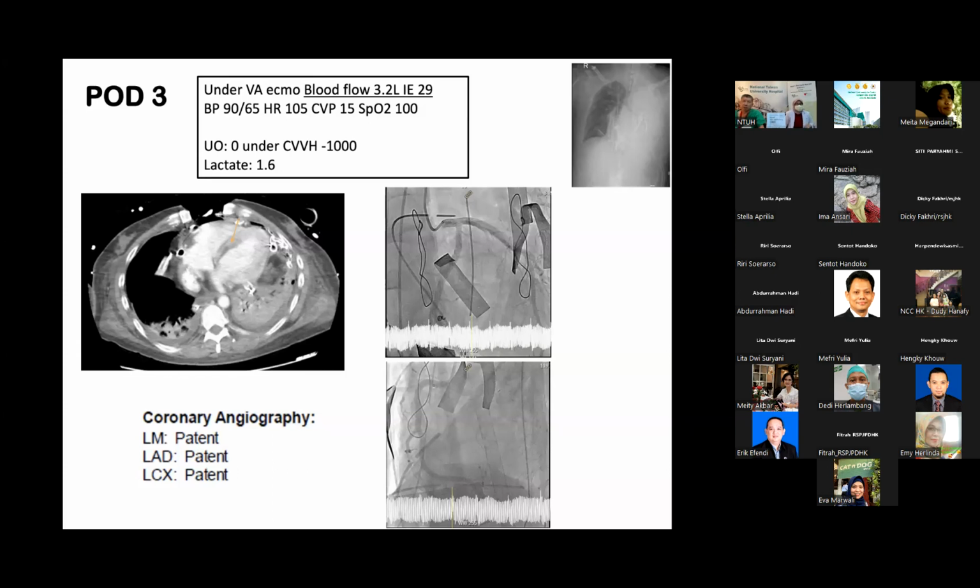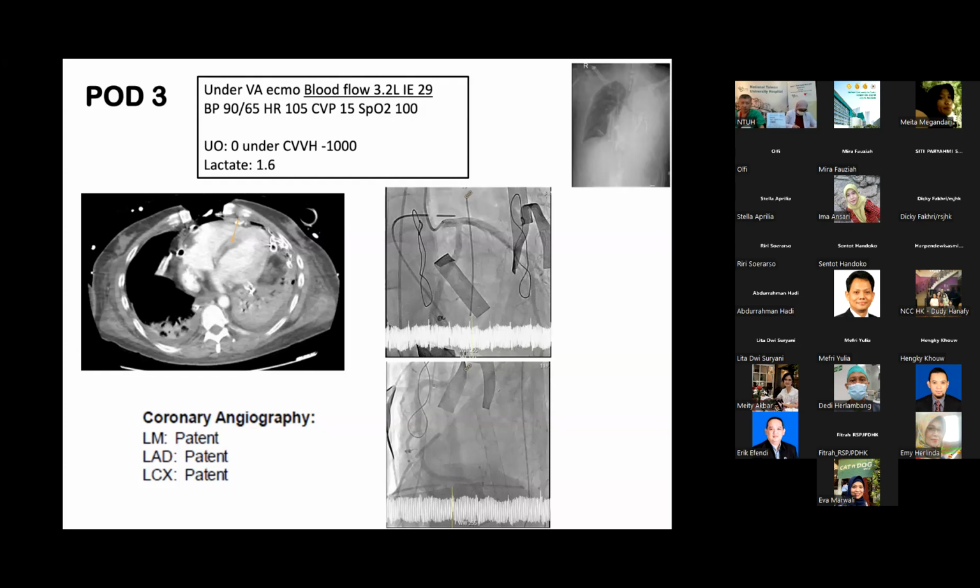So in that case, we learned one thing. If the patient has primary failure, we just wait for a while, maybe 1 week or 2 weeks, and see whether the heart recovers or continues to become much better.